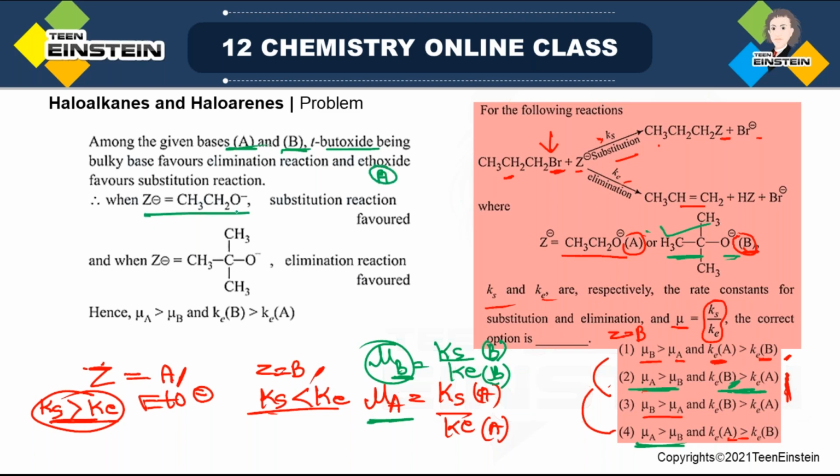So when Z is equal to CH3CH2O minus, that means it is A, substitution favored. And when Z is equal to this one, that means B, then elimination favored. So that is why these conditions are correct, and that you can find in the option. So option 2 will be the correct option. Okay.